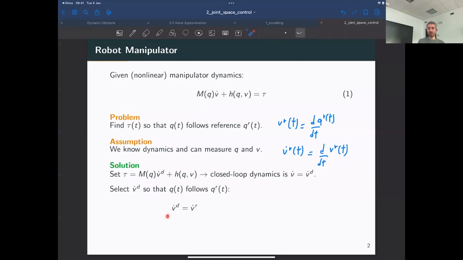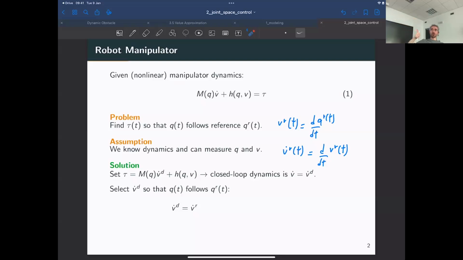So you could simply say I'm going to set my v dot desired equal to my v dot reference, but that's not going to work well, because just imposing the acceleration, as we have seen before, is not enough to guarantee that the position constraint is satisfied.